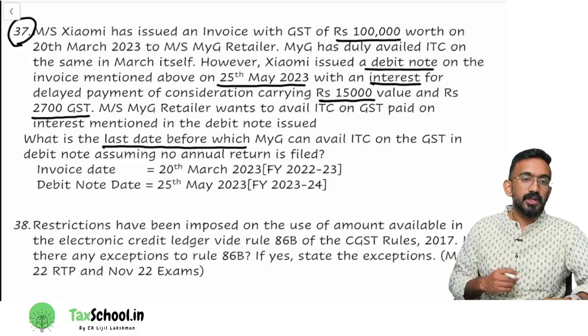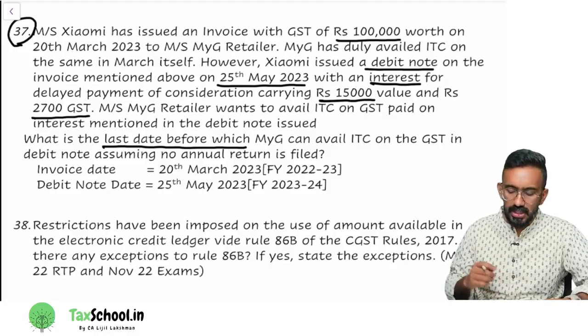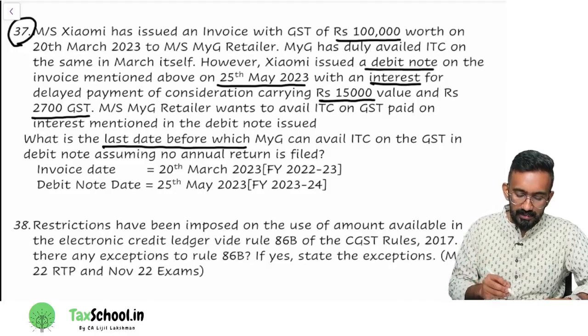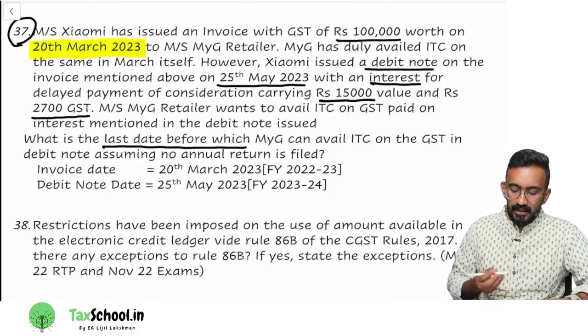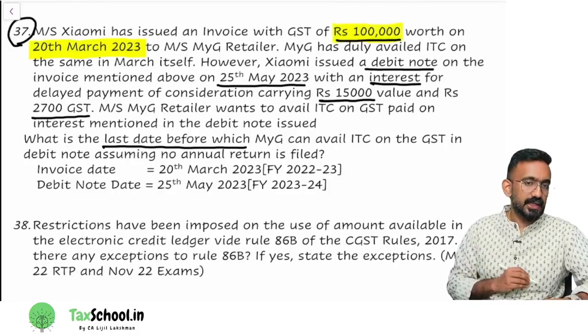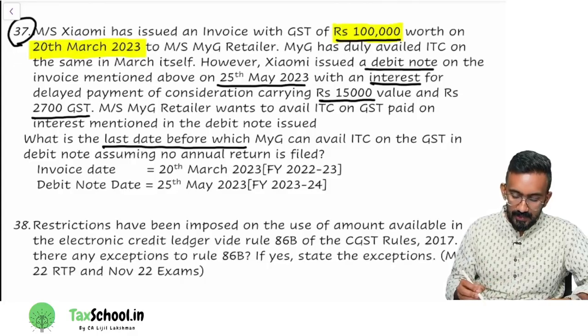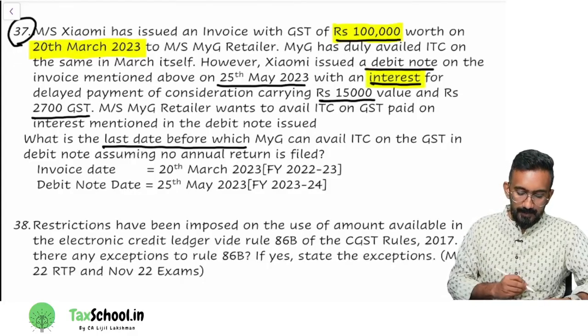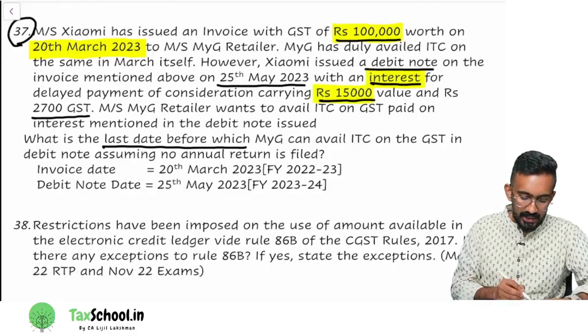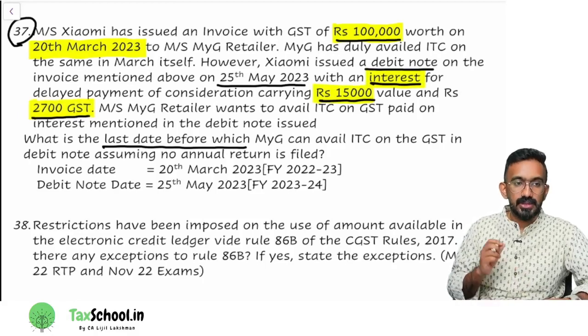Confusion that we have here is original invoice from Xiaomi to MyG was on 20th March 2023. There was a GST credit of 1 lakh in that. Later, because there is a delayed payment of consideration, there was an interest that was paid, which has a value of 15,000 and GST of 2,700. There was a confusion.